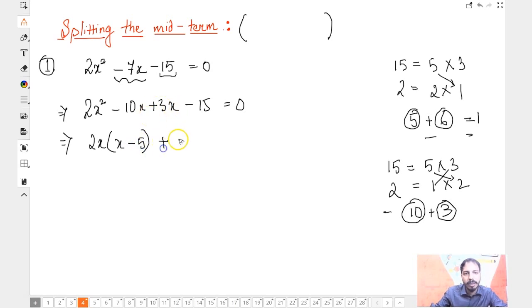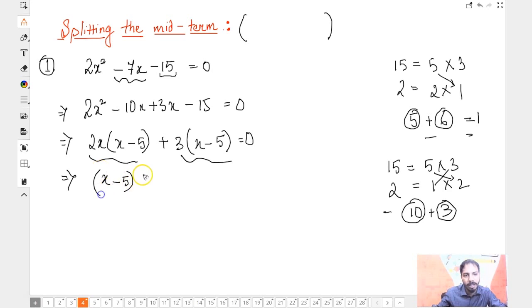Similarly here, let me take 3 common. If I take 3 common, I get x minus 5 equal to 0. Now from these two terms, I can take x minus 5 common, and I will get 2x plus 3 equal to 0. So I have factorized this quadratic equation by this technique.